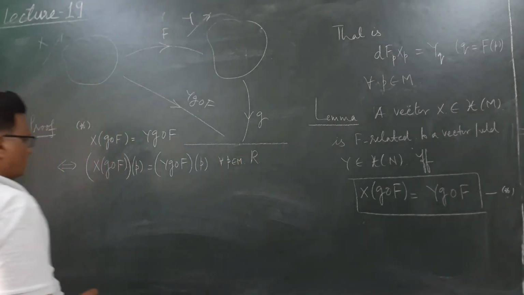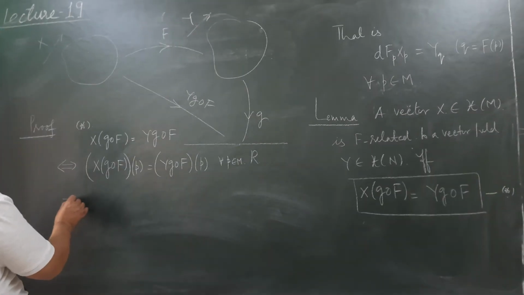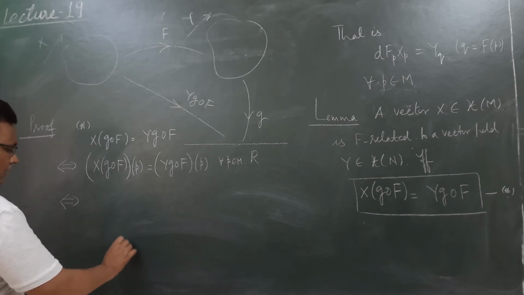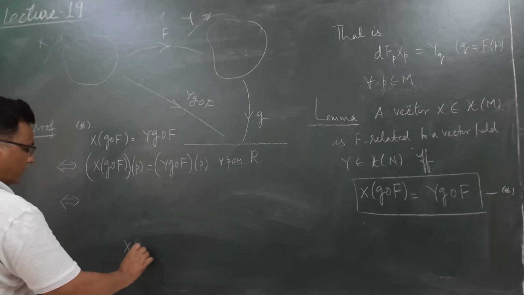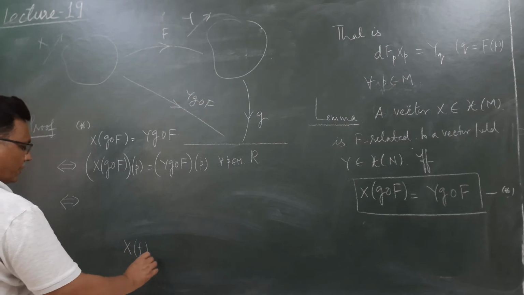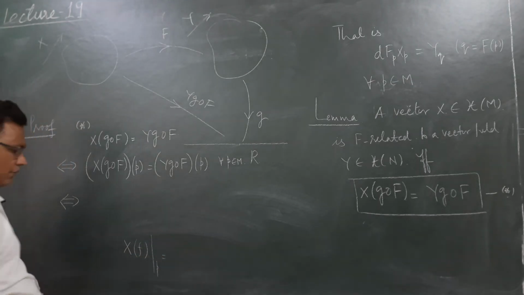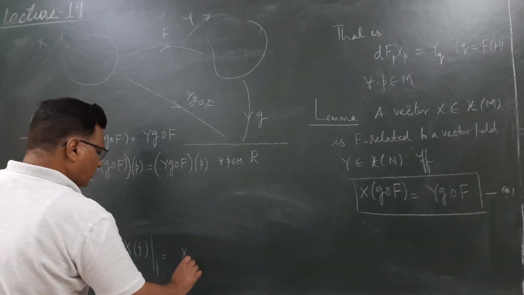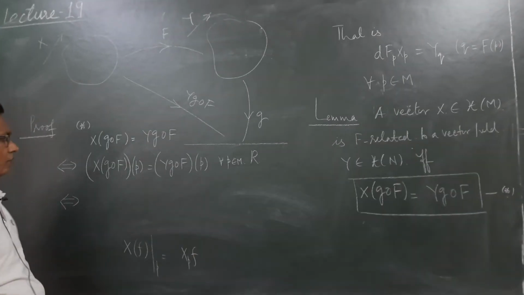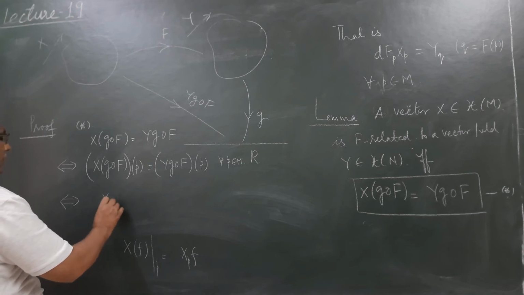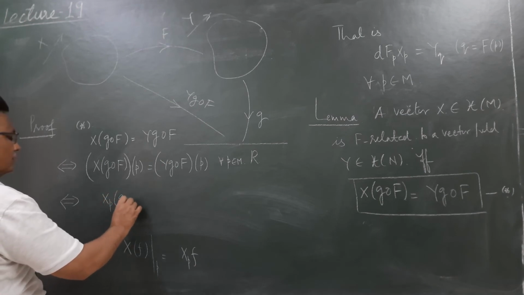So the left hand side will be what? It is a situation where X is operating on a function and you have to find its value at p. You have seen that this equals Xp of g composition f. So this must be equal to Xp of g composition f.